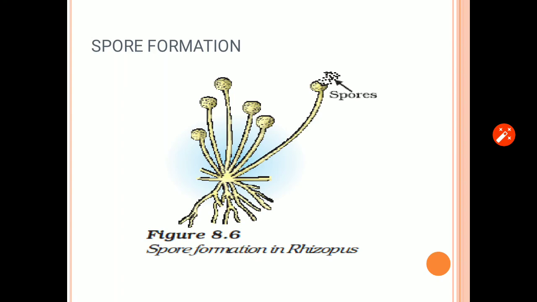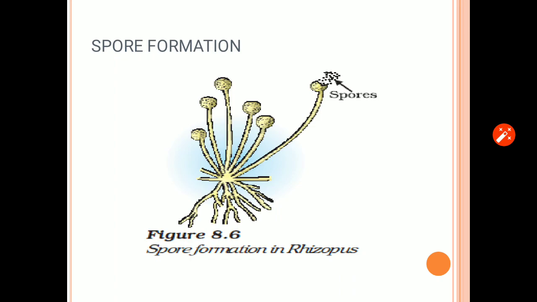Later on, the sporangium bursts to release the spores. Because a single parent is involved, it is a type of asexual reproduction, and the liberated spores again settle on nutritive media, or on open food sources, and finally they germinate there to form a new fungus.